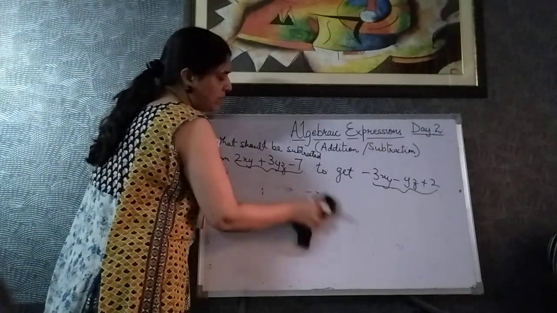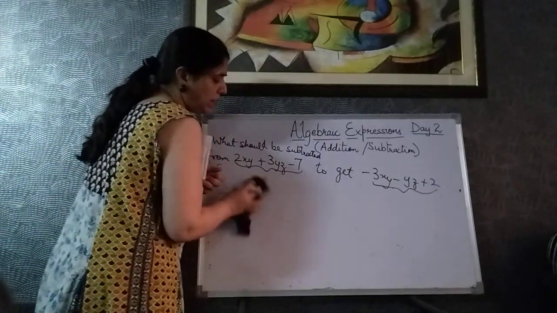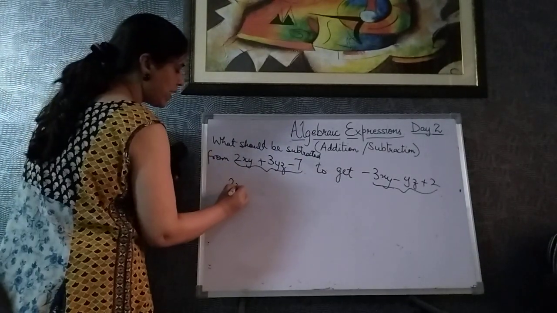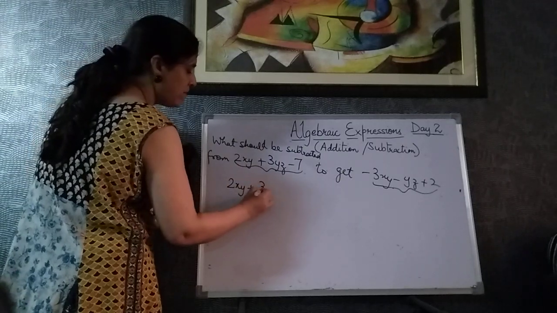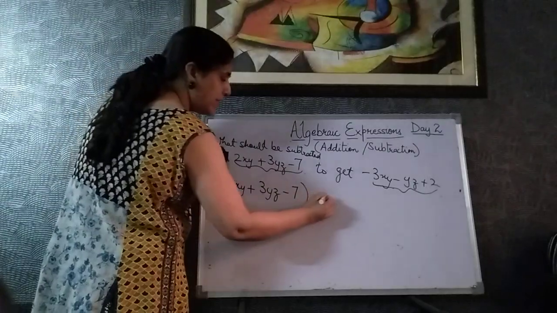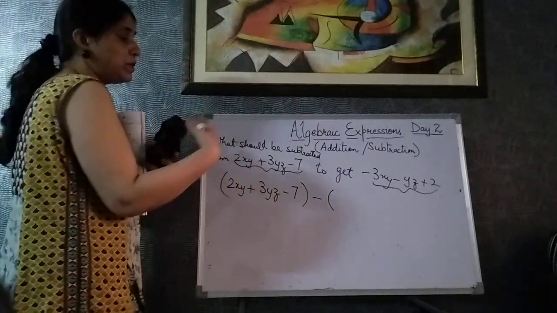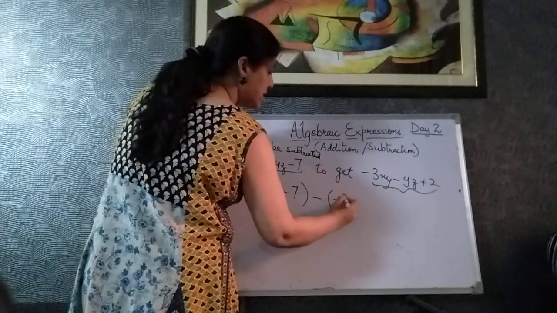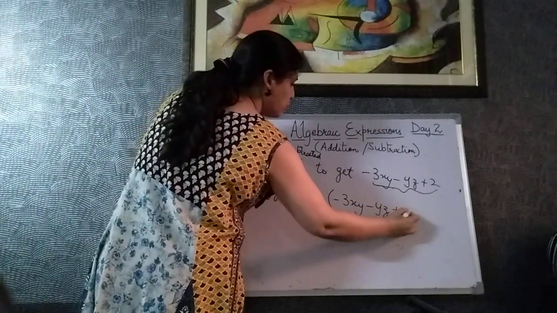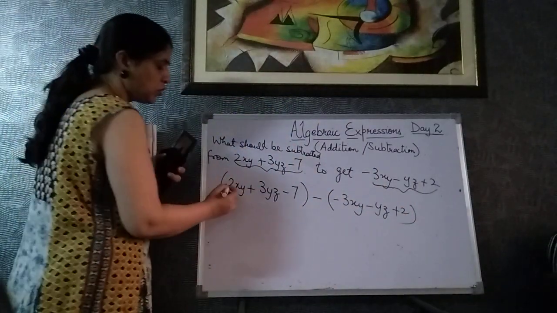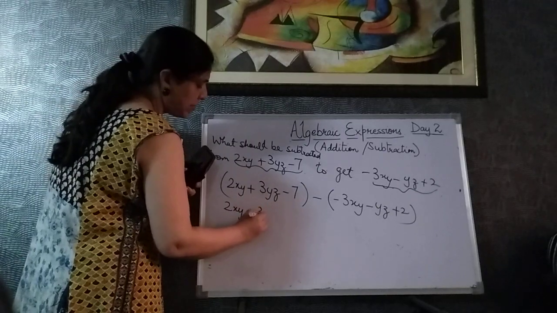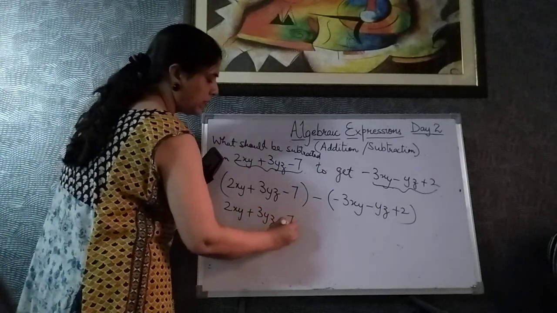And one more thing, whenever we have "from" written, whatever comes after "from" should be written first. Yes, now 2xy plus 3yz minus 7 and minus, what are we doing? What should be subtracted from this? So minus, minus 3xy minus yz plus 2. Clear? So 2xy, now let us open the bracket the same way. Any method you can adopt, with a column or the other one.